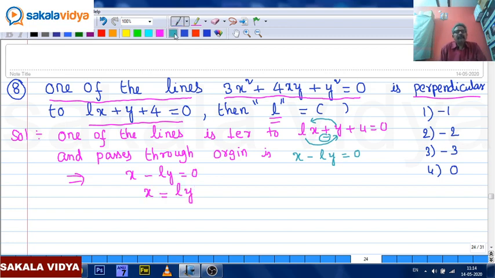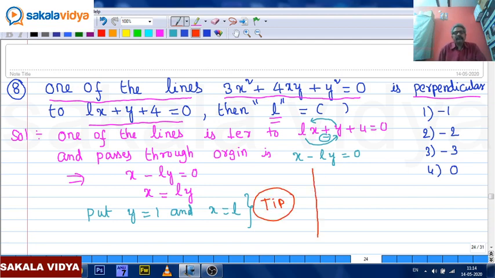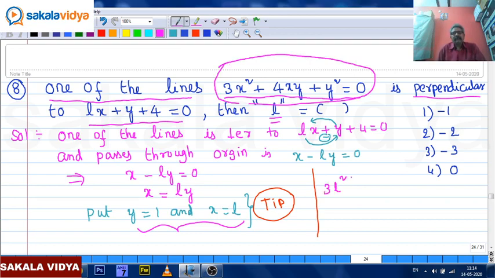Here, the tip you remember: put y is equal to 1. We can change the tip like this also. And x is equal to L. So this is the tip to be remembered. Now substituting these two values in this pair of lines, 3L square plus 4L plus 1 equals to 0.